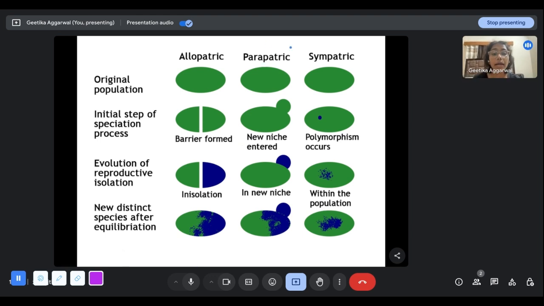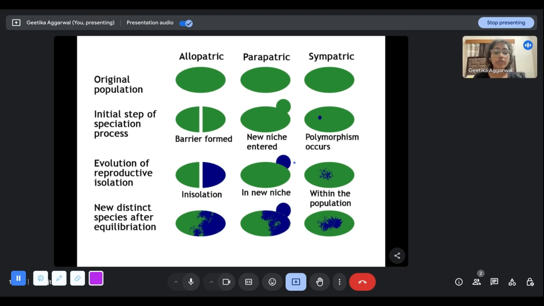Then there is parapatric speciation, in which there is an original population. A small subset of this population enters a new niche. This new niche leads to the development of certain traits which are only present in this small subpopulation, and these might again get reproductively isolated. So all the individuals in the new niche might be reproductively isolated from the other individuals in the original population.